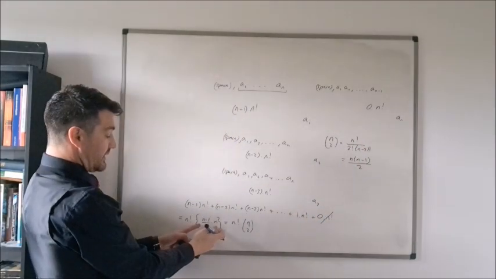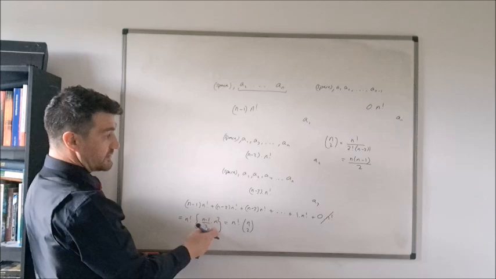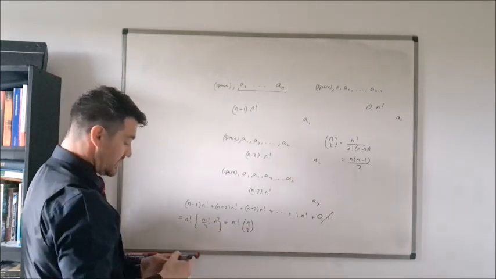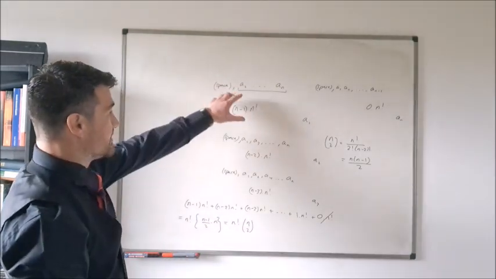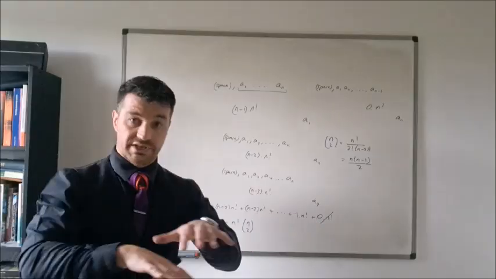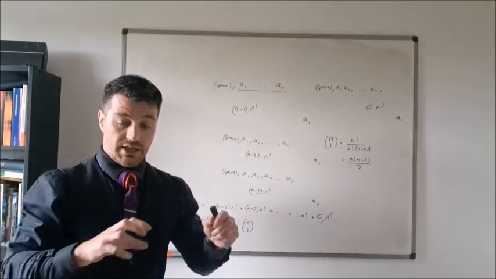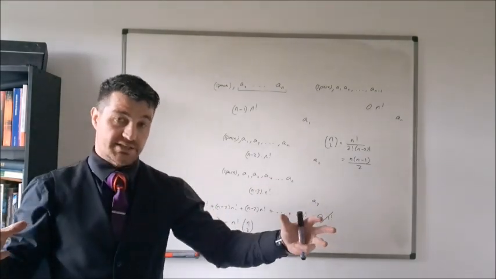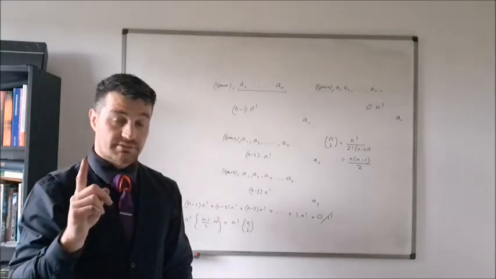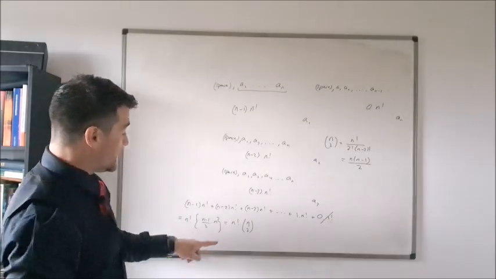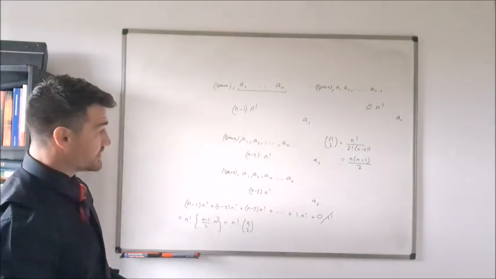Well, that's exactly what I've got here. (n-1) times n over 2. It's just n choose 2. So the number of ways that I can distribute these balls, n balls, into n spaces so that there's exactly one unoccupied space is n factorial times n choose 2.